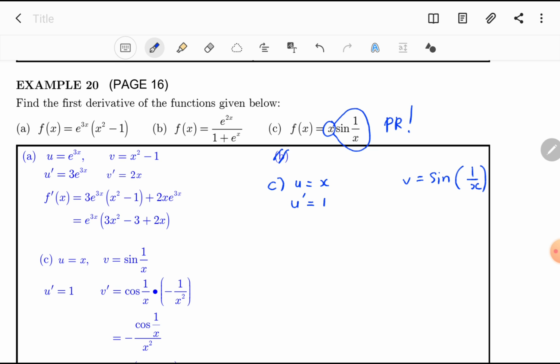U prime is 1. And v prime is, differentiate sine is cos. Cos, the angle is 1 over x. And then differentiate the angle 1 over x.